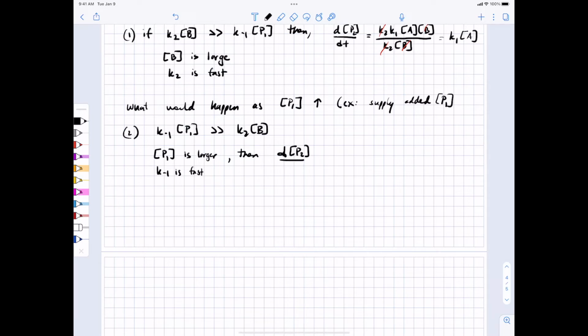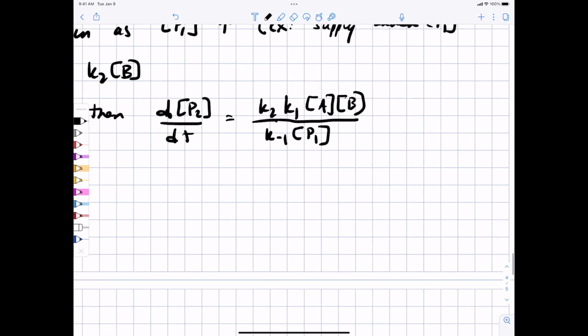The appearance of product 2 is equal to k2 times k1 times A times B divided by k minus 1 times P1. And this situation is first order in A concentration.